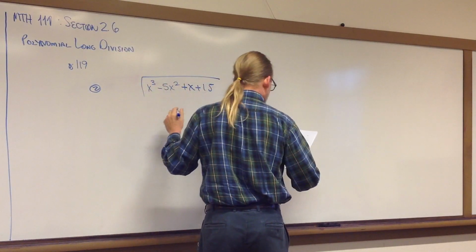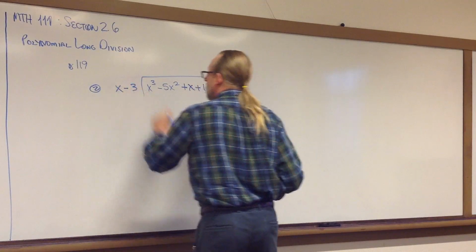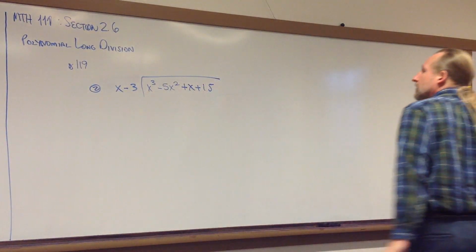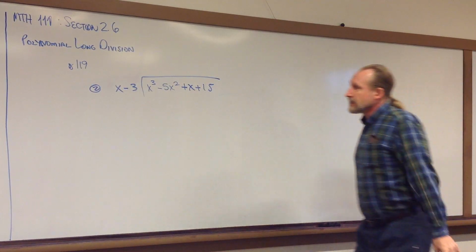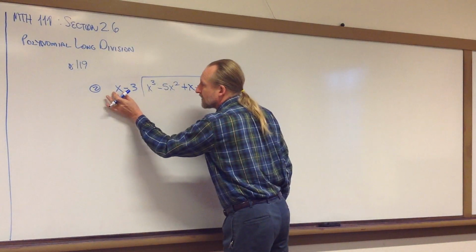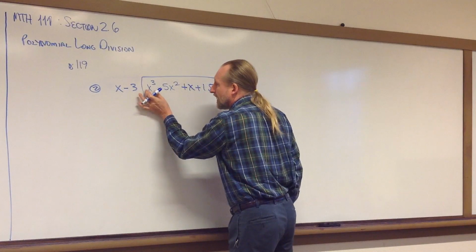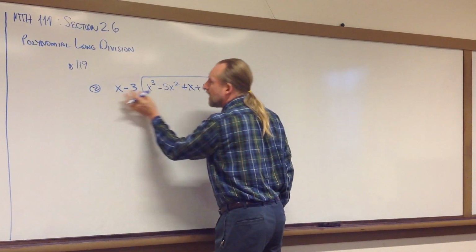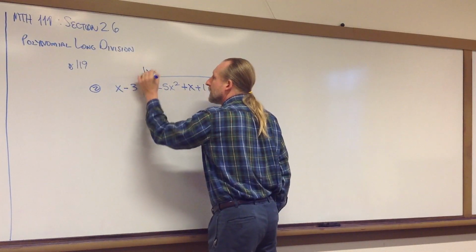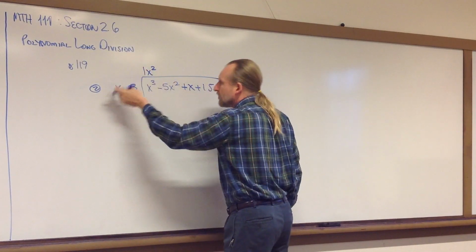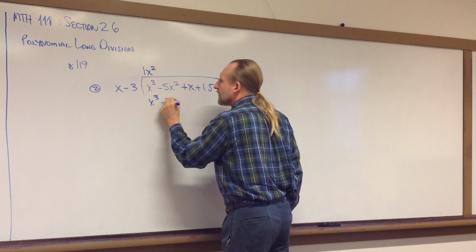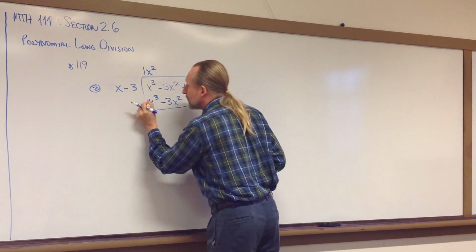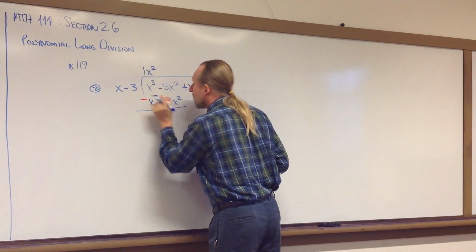And this is going to get divided by x minus 3. Okay, so again, the process is go to the highest power of x in what you're dividing by, look at the highest power of x in what you're dividing into, and what do you need to multiply this by to get this? And here the answer is 1x squared. And then multiply. That'll be x to the third minus 3x squared.